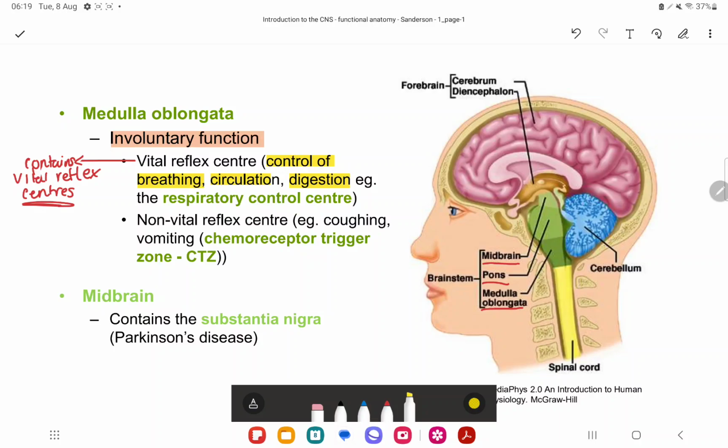An example of these is the respiratory control center. What she also mentioned is that this center is important in initial breathing.